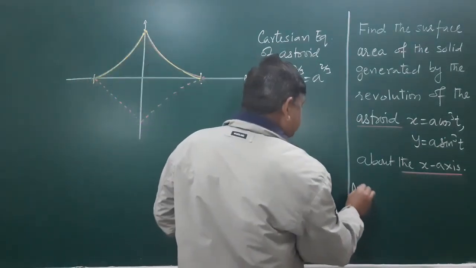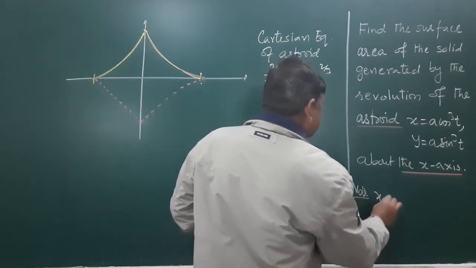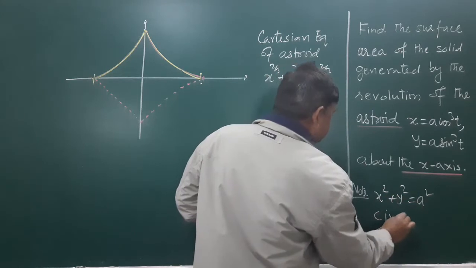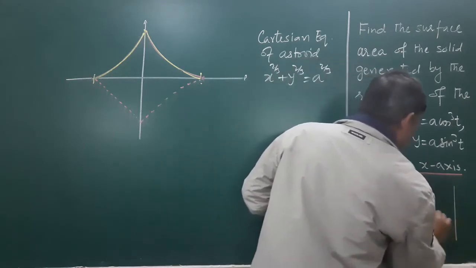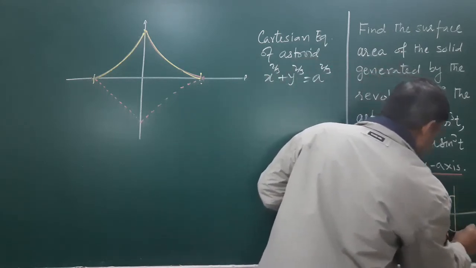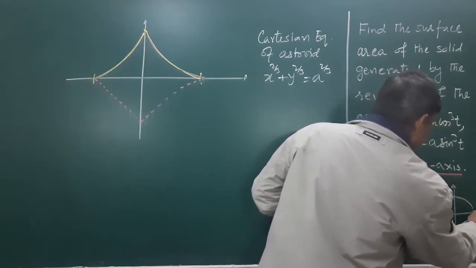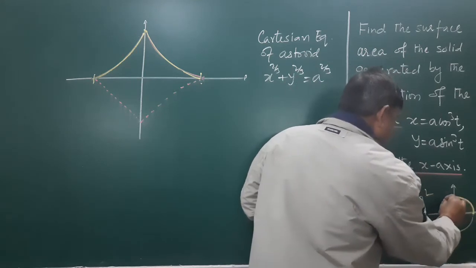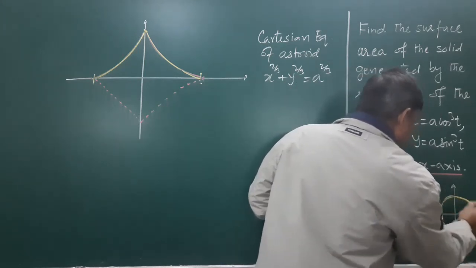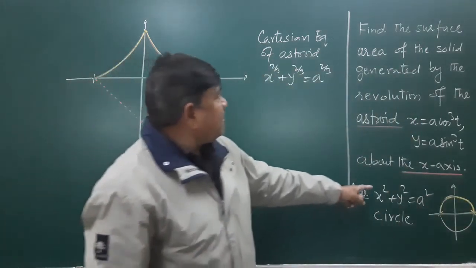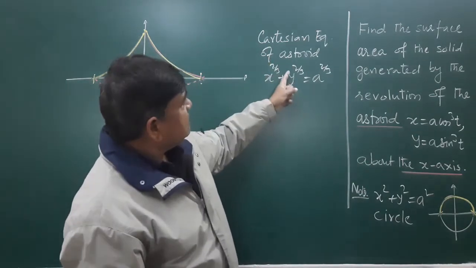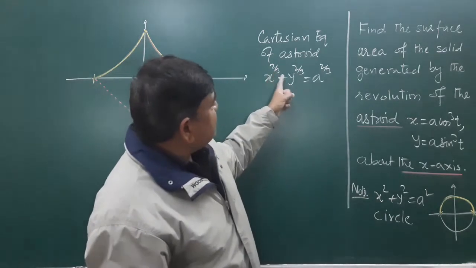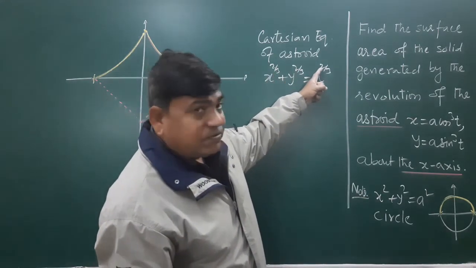You remember, if I consider x square plus y square equals a square, then this is a circle, and its upper arc is this one. But when the power is 2 by 3, then there is a symmetry. x to the power 2 by 3 plus y to the power 2 by 3 equals a to the power 2 by 3.